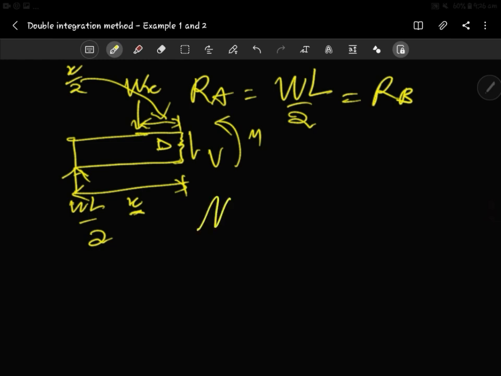So the sum of the moments at the point D is 0.